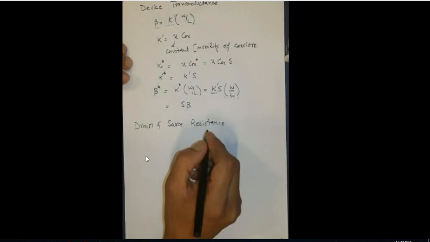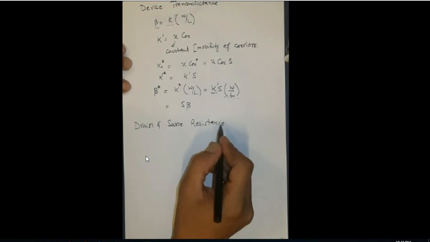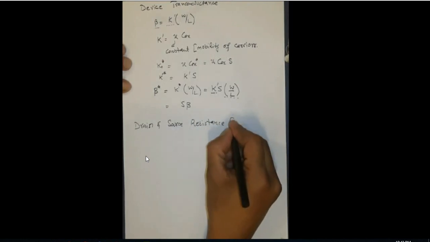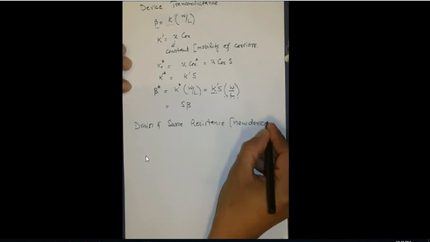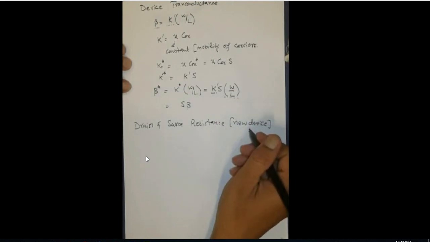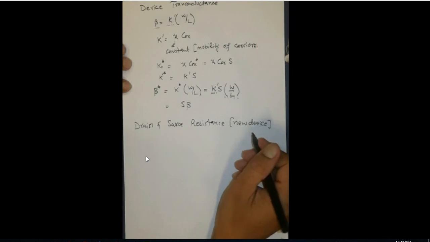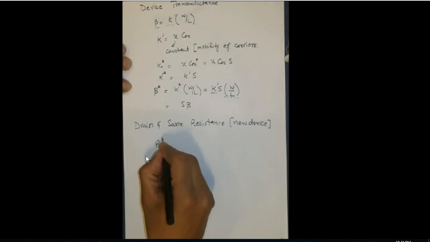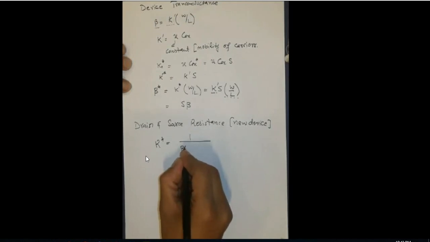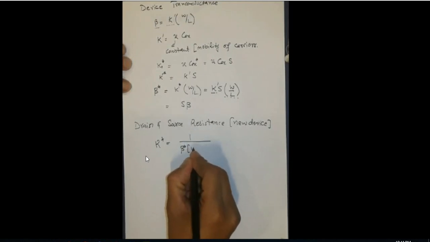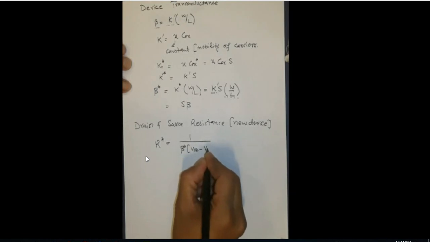The drain and source resistance for the new device is given by R star, which is equal to 1 over beta star into VDD minus VT.